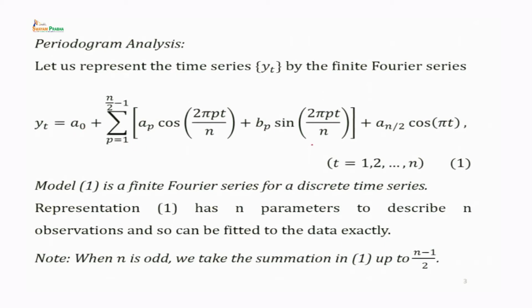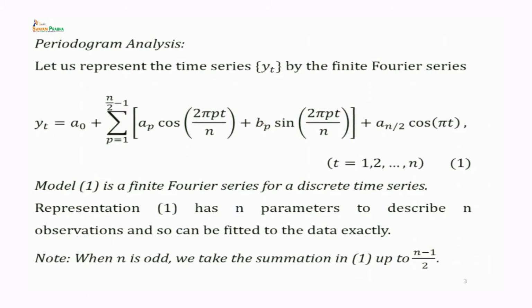Now, for a particular value of p, when you multiply this term by sin 2 pi p t by n and then you take summation over t, it becomes 0. Then for the particular p, you have b p summation over t sin square 2 pi p t by n, which is again n by 2, and then the summation of the last term is also 0.